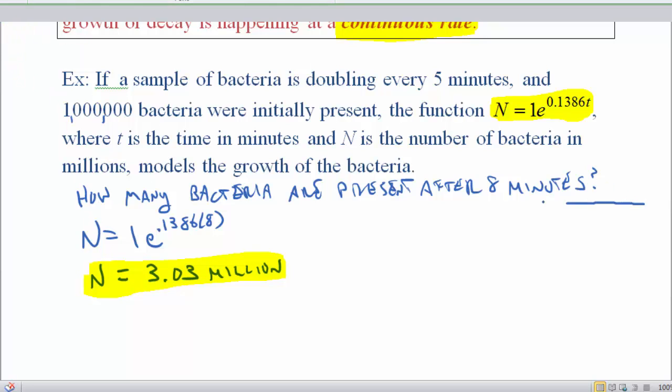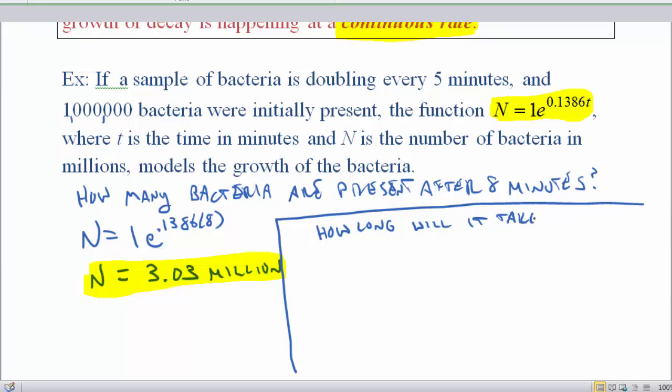So that was that. And then the other kind of question they could ask you, and this one I'm going to give you so that you can actually do it an easier way, if you think about it. If they said, how long will it take for there to be 8 million bacteria, right?